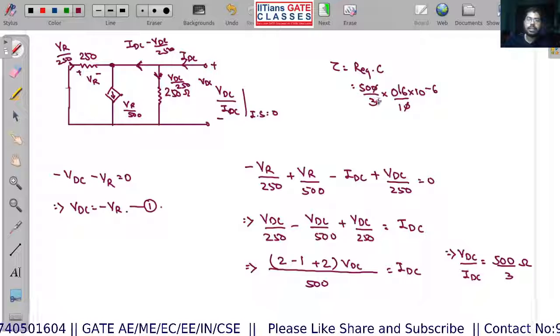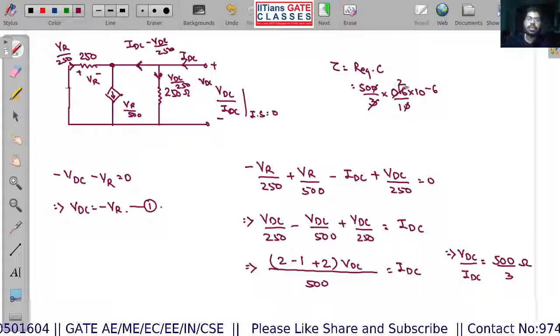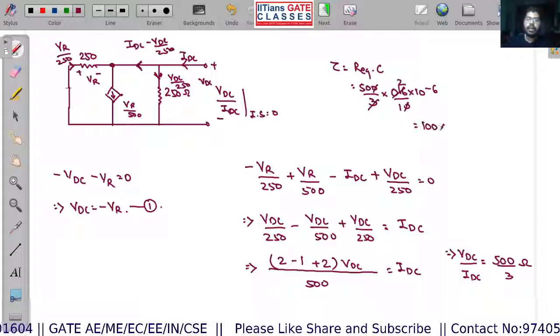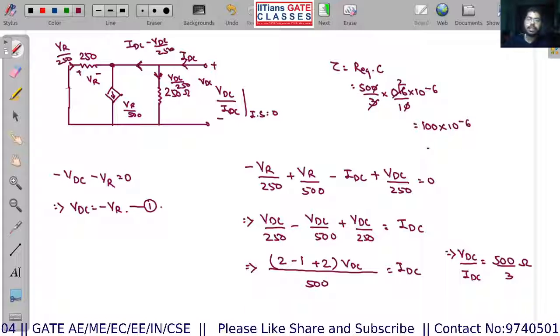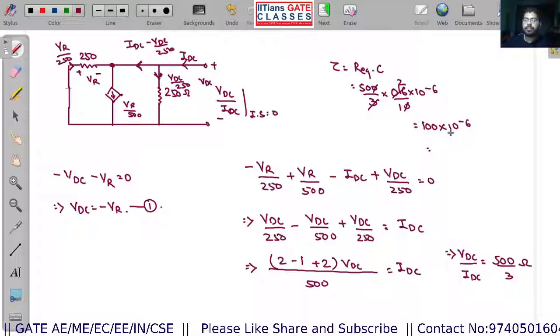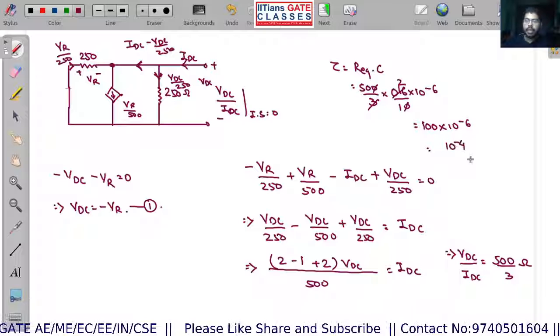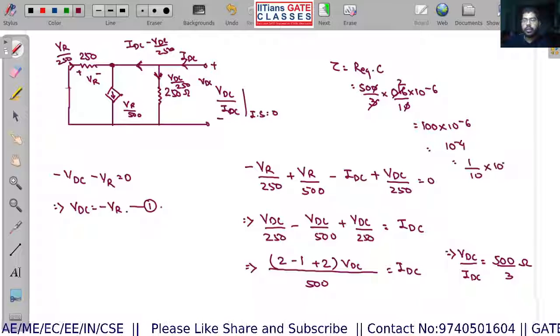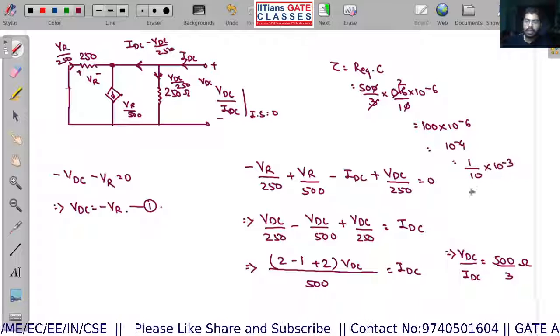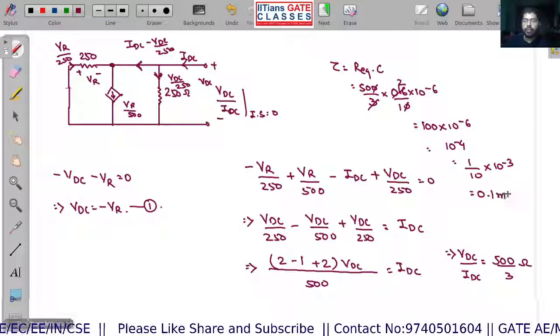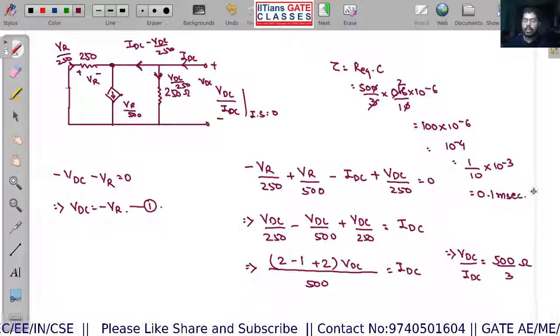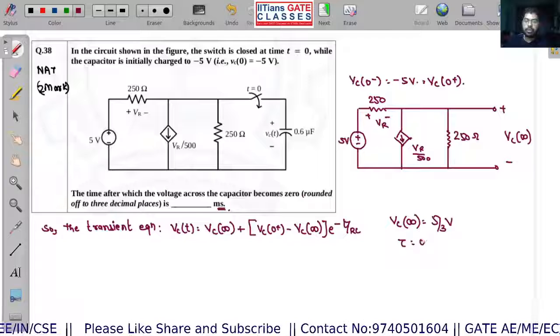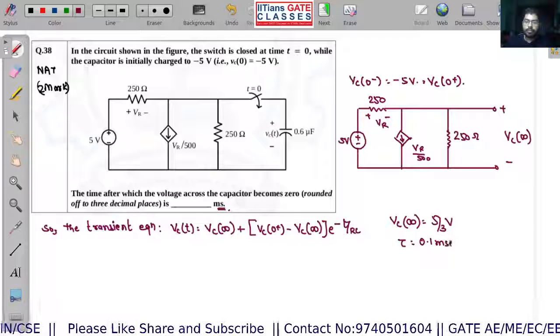So this is 100 into 10 to the power minus 6, or I can write it as 10 to the power minus 4, or like this, 1 by 10 into 10 to the power minus 3. So this is 0.1 millisecond. Okay, so the time constant comes out to be 0.1 millisecond.